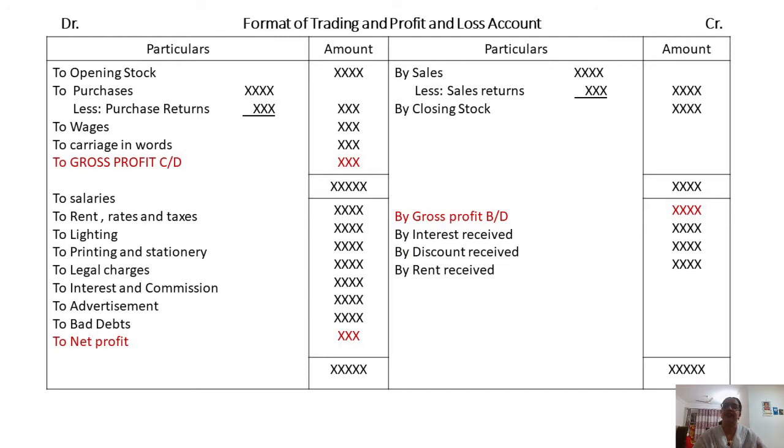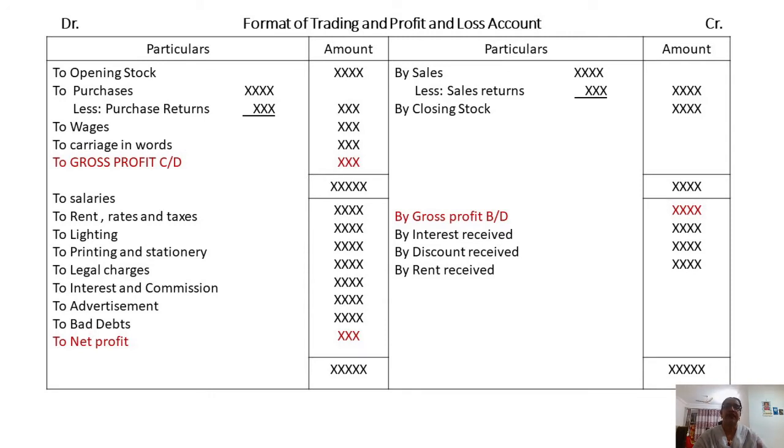Then wages. Wages are direct expenditures taken to the trading account. Carriage inwards means the carriage expenses incurred while purchasing the goods. Any expenditure incurred while purchasing the goods is a direct expenditure taken to the trading account.